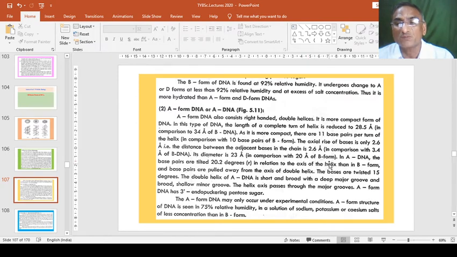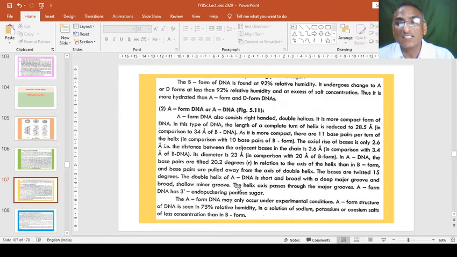In A DNA, the base pairs are tilted 20.2 degrees in relation to the axis of the helix, compared with the B form, and base pairs are pulled away from the axis of the double helix, and the bases are twisted 15 degrees.